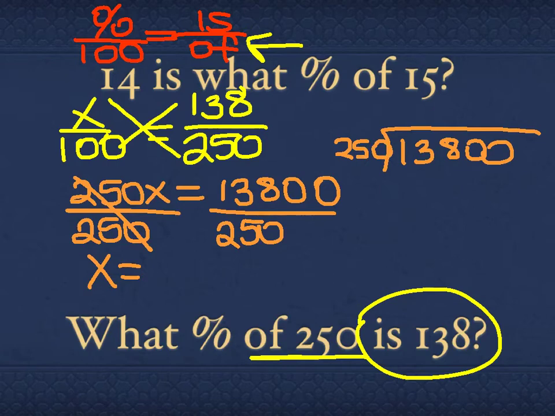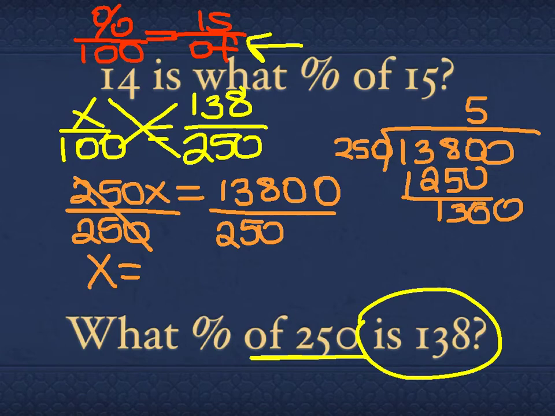Well, 250 doesn't go into 138. It's going to have to go into 1,380. I know 250 goes into 1,000 4 times, so it will go one more time after that. It gives me 1,250. If I subtract these and bring this down, it looks like I get 1,300, where 5 is going to work again.